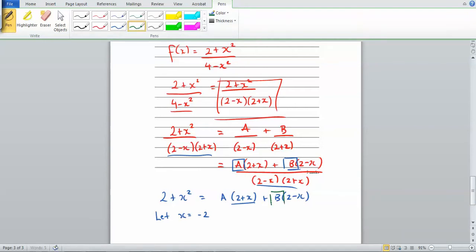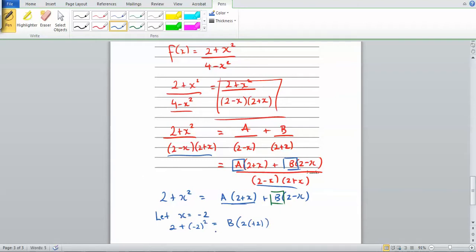Okay, so the first thing is let's find b. On the left-hand side, we have 2 plus minus 2, all squared, which is going to be 0. So we're left with b times 2 minus minus 2, which is plus 2.